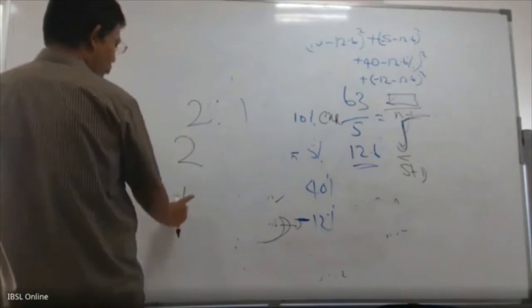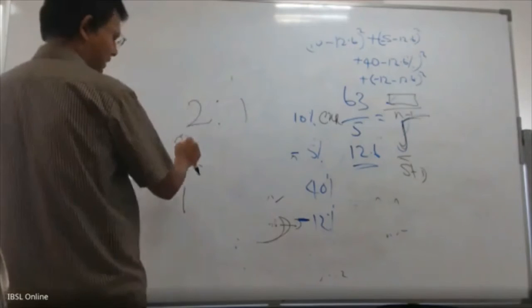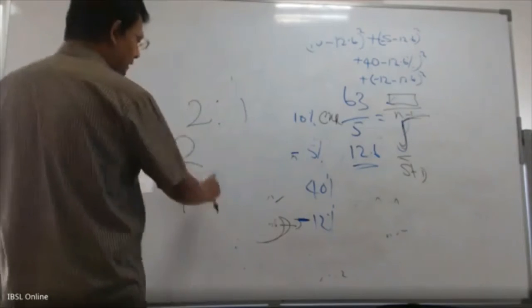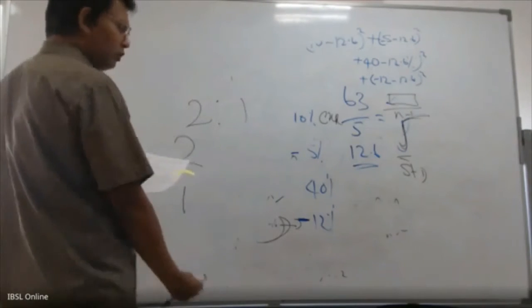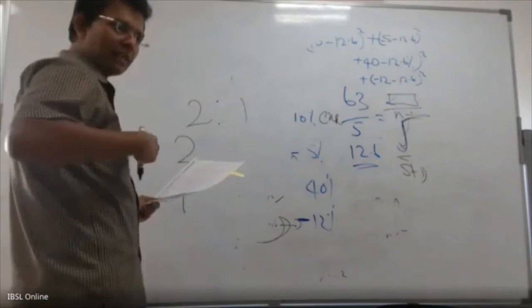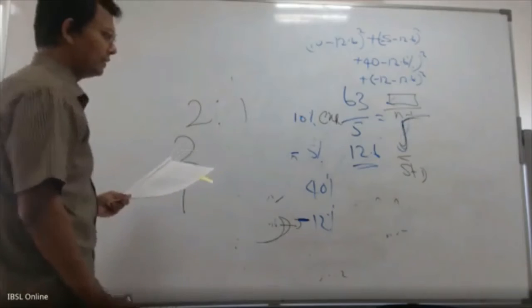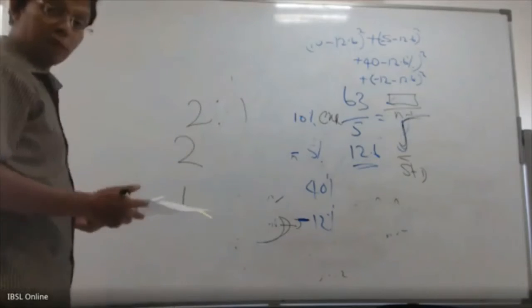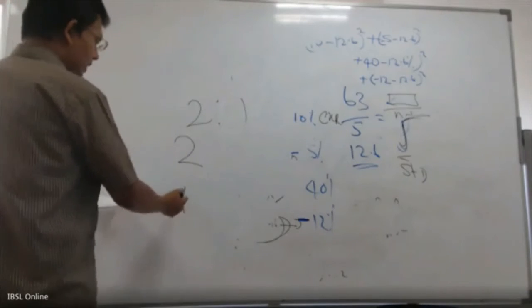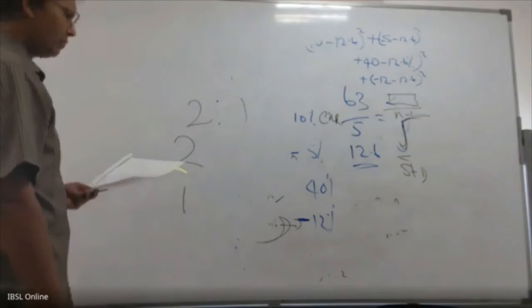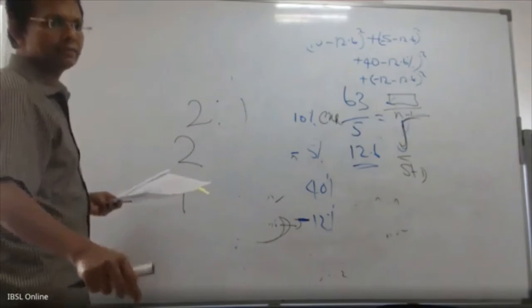New shares one, existing 2. If you have two, you get one. If you have 50, how much? I have 50 shares, so what is my entitlement? 25. Like that. And if you don't subscribe, again you are losing your control. I think we have discussed this in the class.